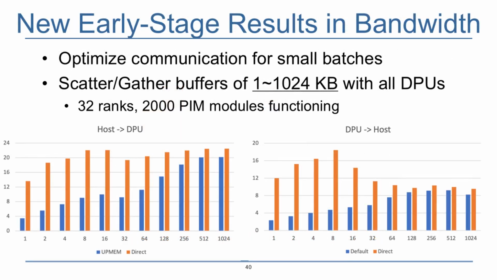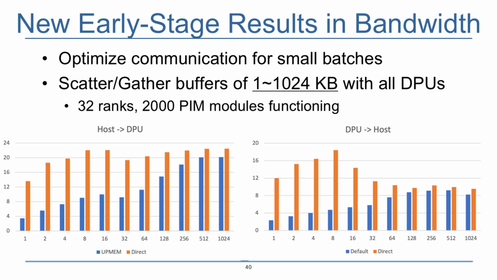Since the publication of this paper, we've identified overheads in the software and designed a lightweight framework for faster communication. Here are some early stage results. This is a lightweight program designed on the UPMEM SDK that's aimed at optimizing communication for small batches.